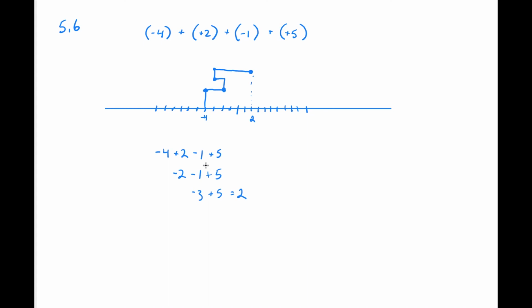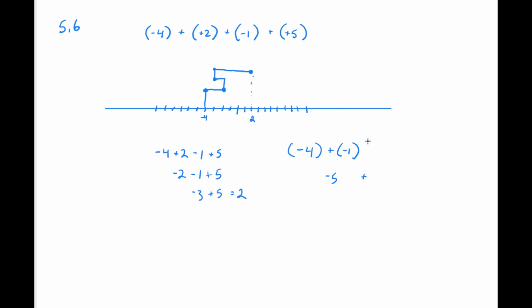Now, because of the commutative property of addition, which means we can move them around any way we want to, you can put your positives and your negatives together. So you could say negative 4, and rearranging it a little bit, plus a negative 1. Well, that's negative 5, right?